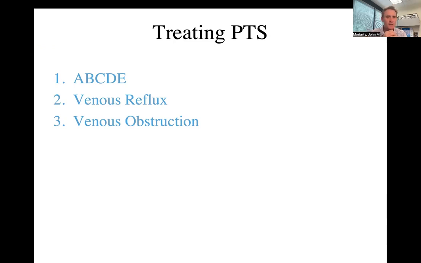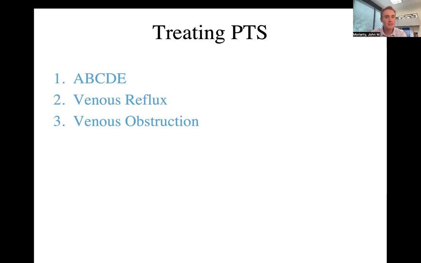Wearing it at night when you're lying flat, particularly when your heart and your legs are roughly the same level, is not required. So putting it on first thing in the morning and then wearing it as much as possible during the day. These are the instructions that we tend to give almost all patients with post-thrombotic syndrome.